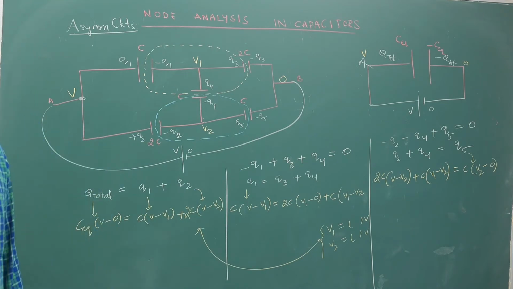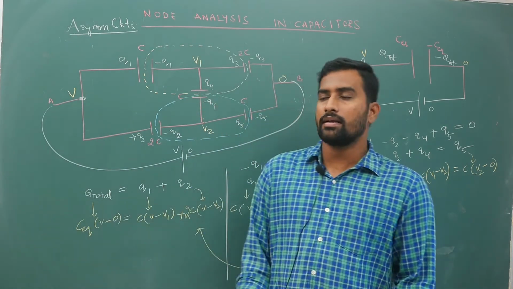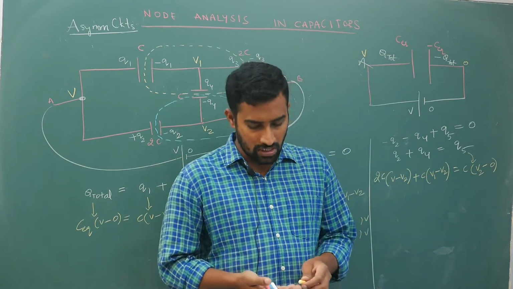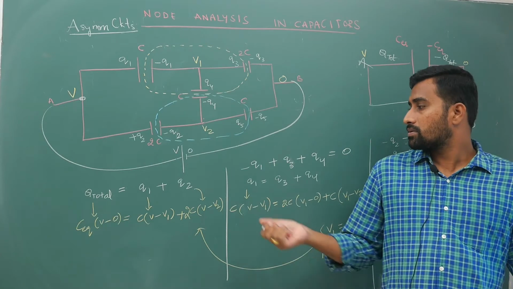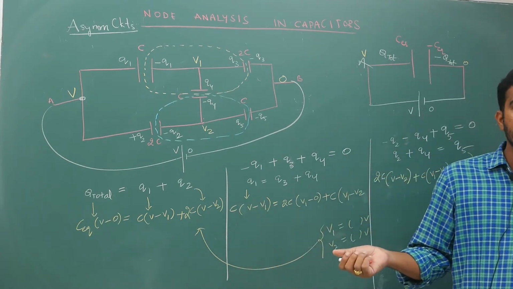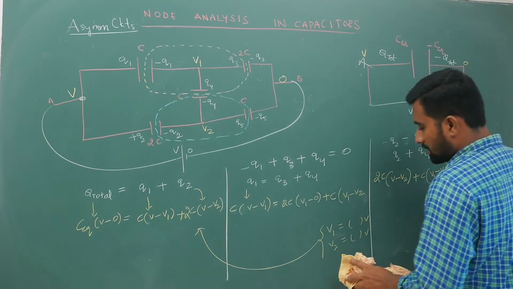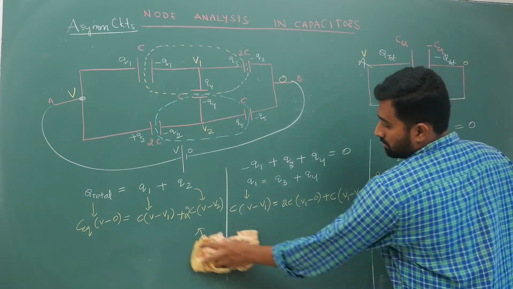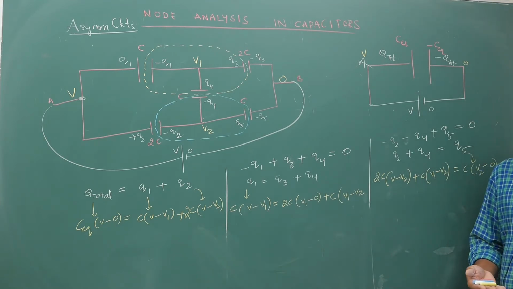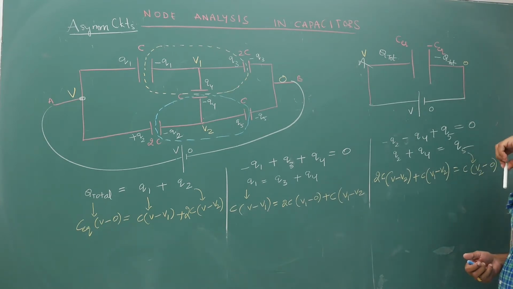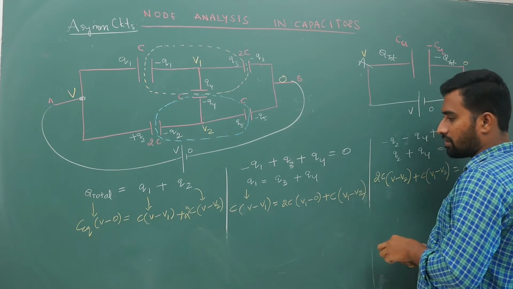Now, exactly similar to how we have done in current electricity, we are going to do the same here also for symmetric circuits. First you try to simplify this and get the answer. C will cancel off, so it's not going to be a tough job.